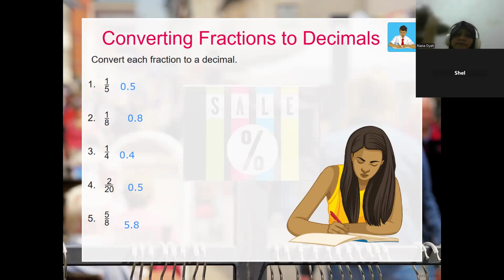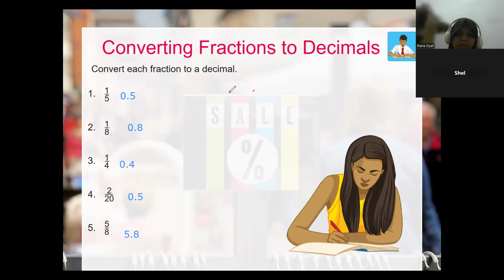Okay. Now let's start from number 1. If we want to use the division way, it's going to be like this. 1 out of 5 means 1 divided by 5, right? So we use the bus stop, or porogafit in Bahasa, like this. 1 divided by 5, of course, cannot, so we put 0 first on top. Then we put an additional 0 here and a decimal point.